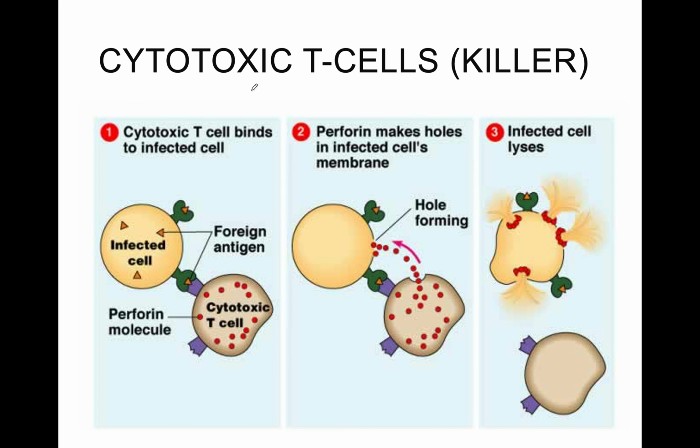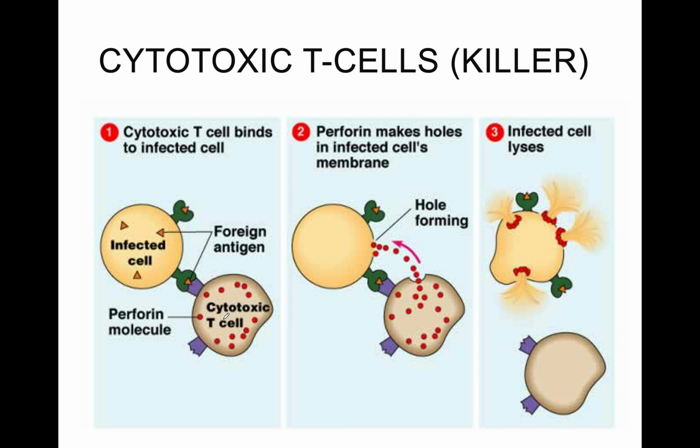These cytotoxic T cells are most effective against cells which have been infected by a virus. So as we know, viruses require a host cell to replicate. Viruses don't possess any ribosomes or Golgi apparatus, any of the machinery necessary for protein synthesis.